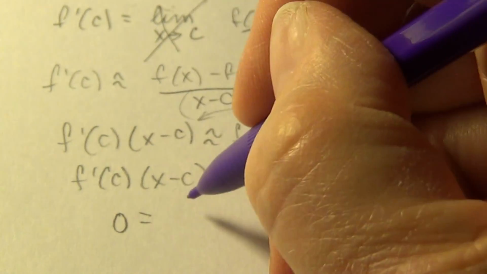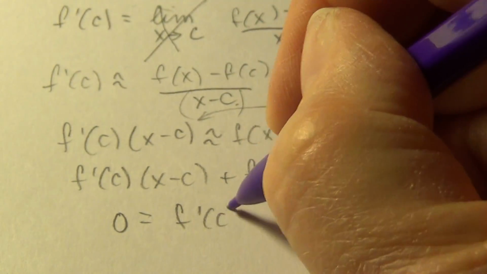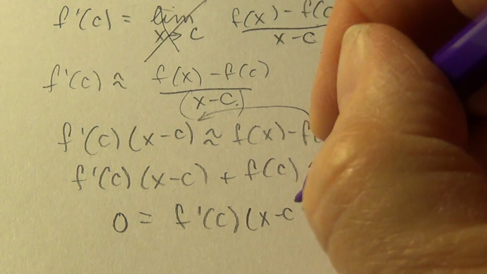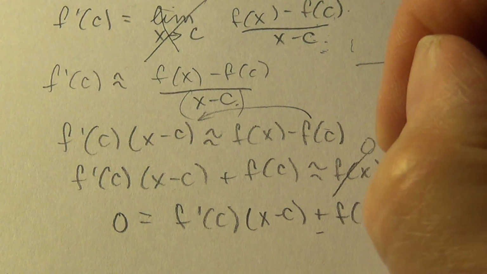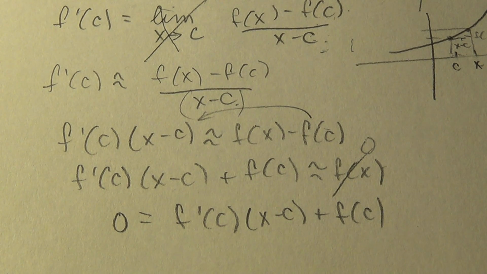So we're going to have 0 equals f prime at c times x minus c plus f of c. All right, just following one step leads to the other. So let's put in this substitution because this will look more like what we're going to see.